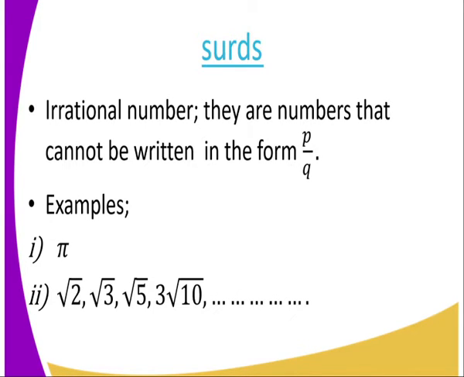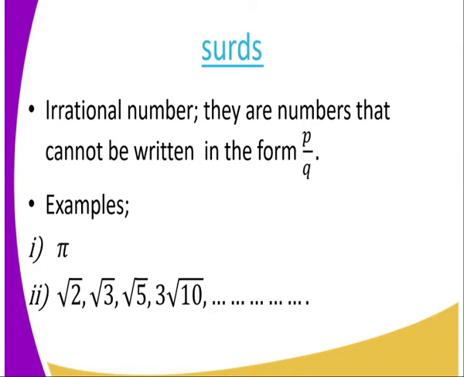Now we go to the irrational numbers. Irrational numbers are numbers that cannot be written in the form of P divided by Q. For example, we have pi. Pi cannot be written in the form of P divided by Q. And surd 2, surd 3, square root of 5, surd 10.